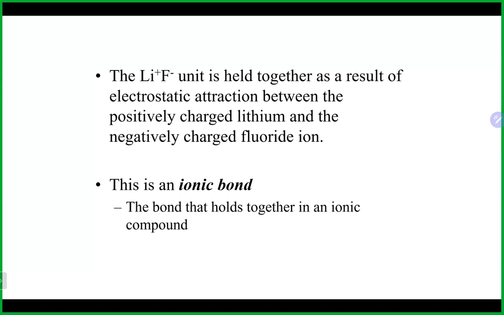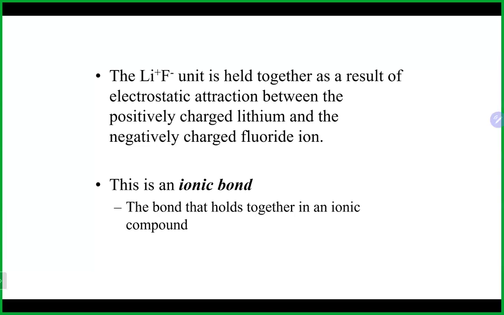That is what's referred to as electrostatic attraction. Opposites attract, and that is what basically holds that together. That is a super strong attractive force, one of the strongest you could have. It increases the larger the positive charge and negative charge are. And that basically is what an ionic bond is.